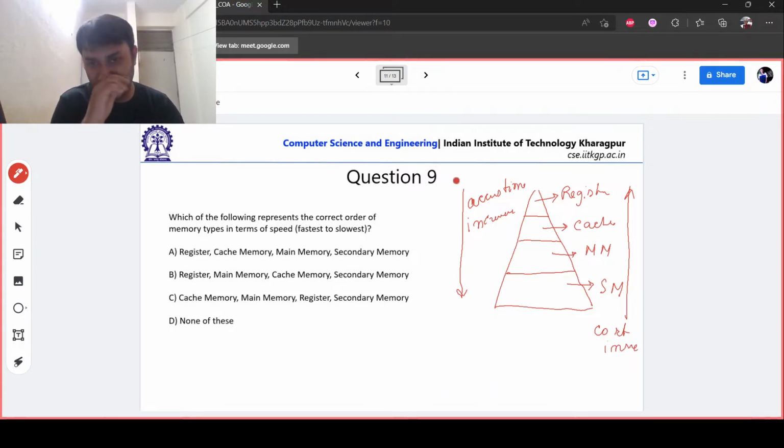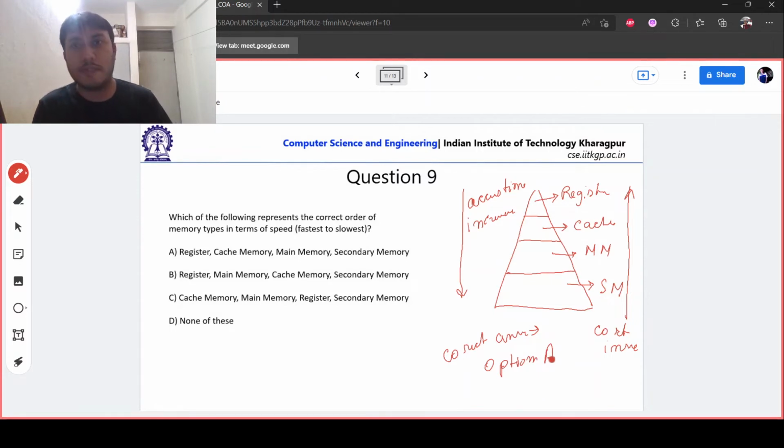So naturally the register has much faster access compared to cache, main memory and secondary memory. So the correct option is option A, register, cache, main memory, secondary memory.